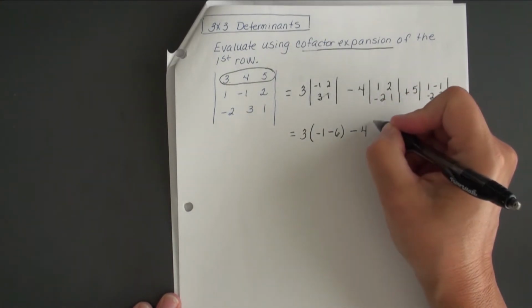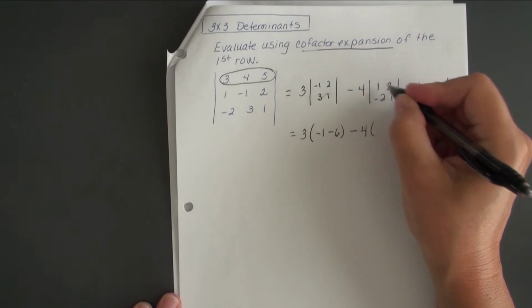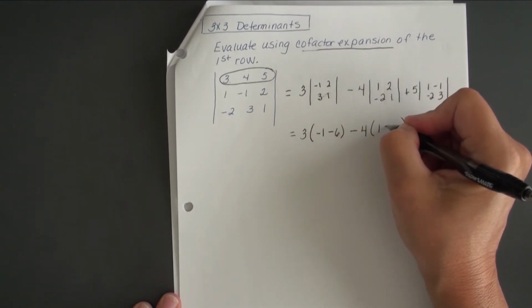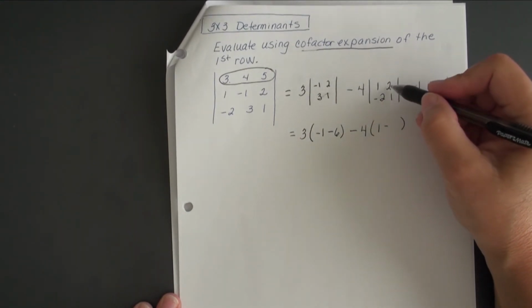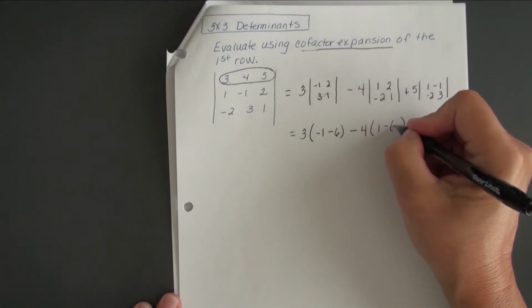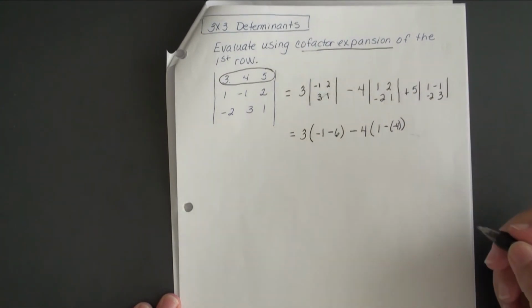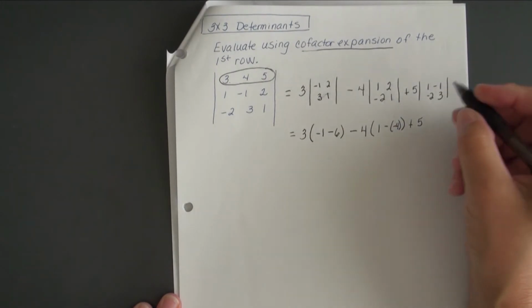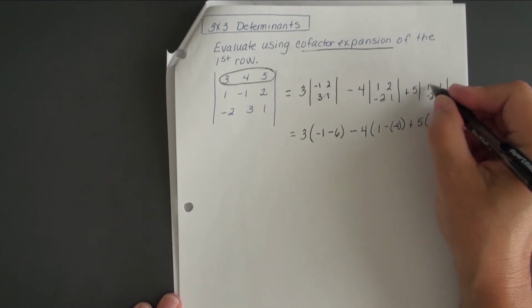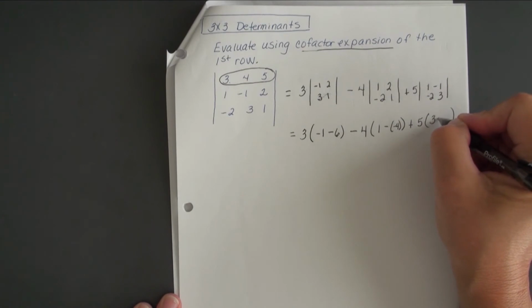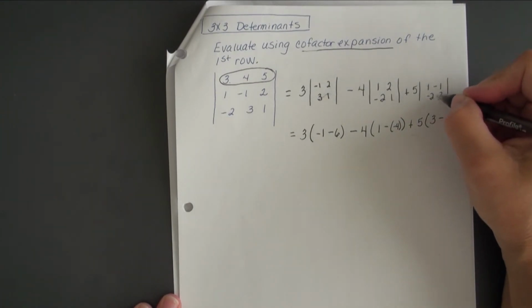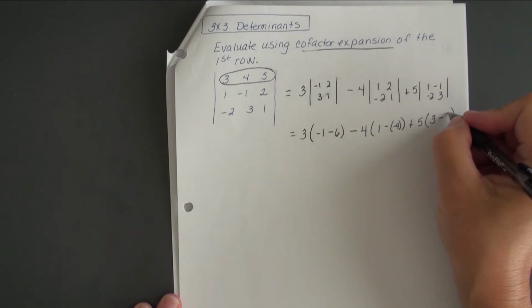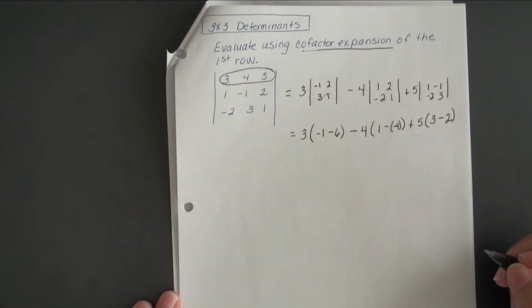Minus 4. 1 times 1 is 1 minus -2 times 2 is -4. Plus 5 times 1 times 3 is 3 minus -2 times -1 is 2.